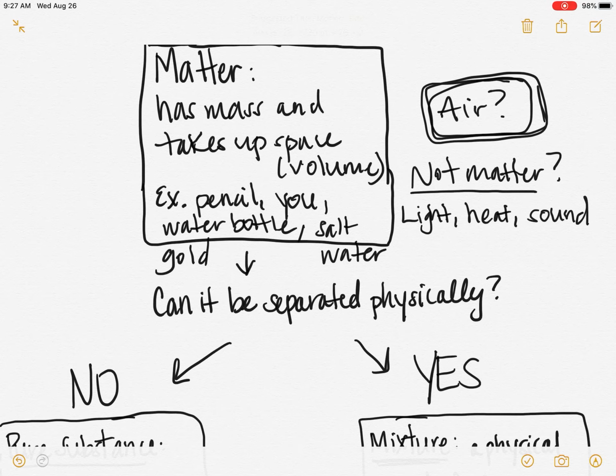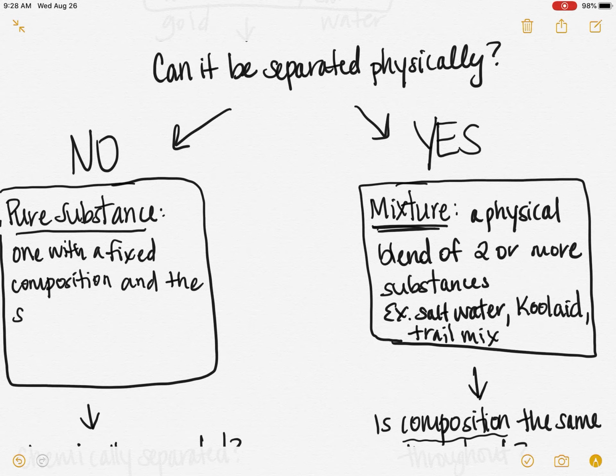Okay, so the definition of a pure substance is one with a fixed composition and the same throughout.